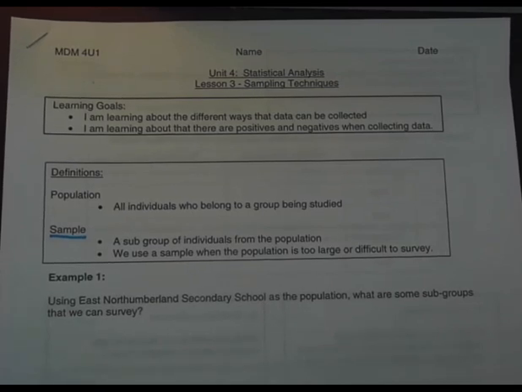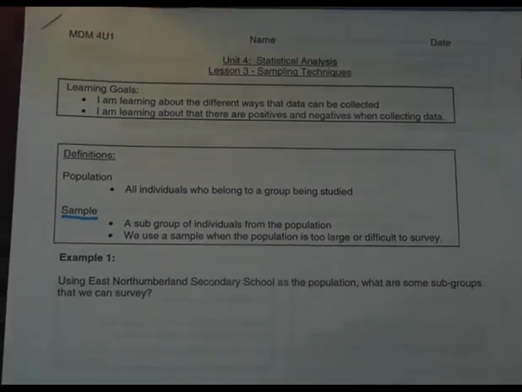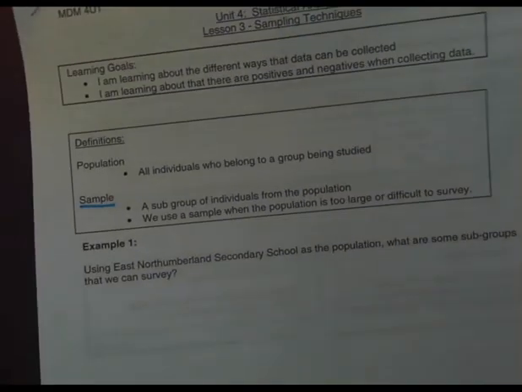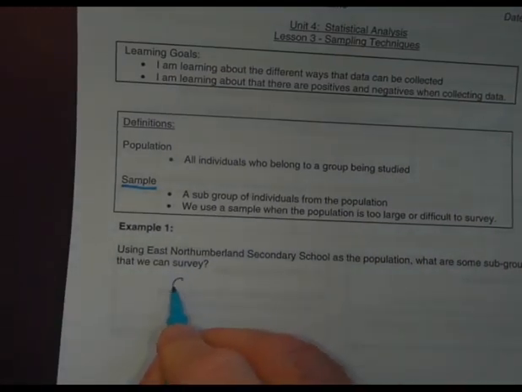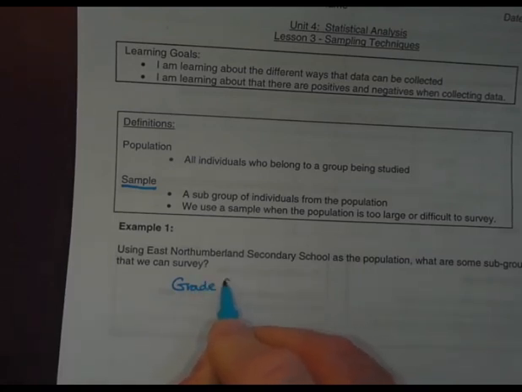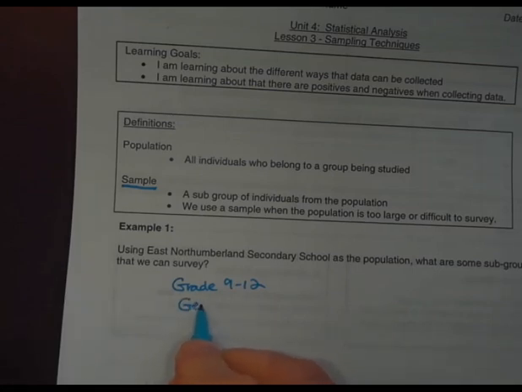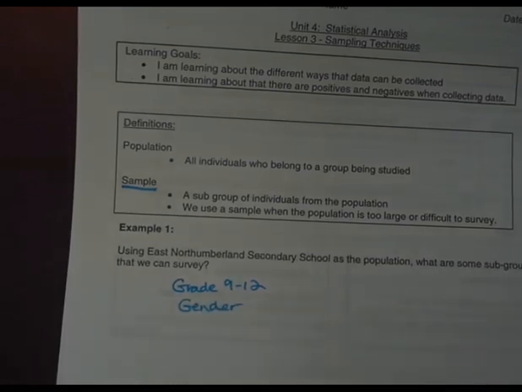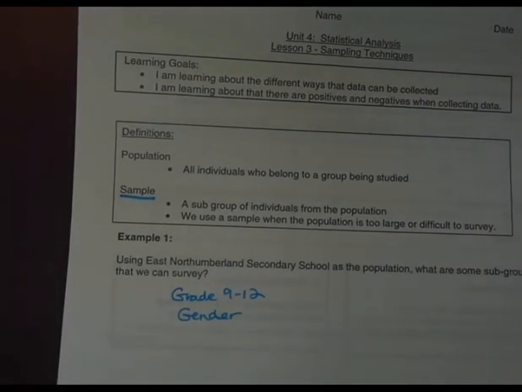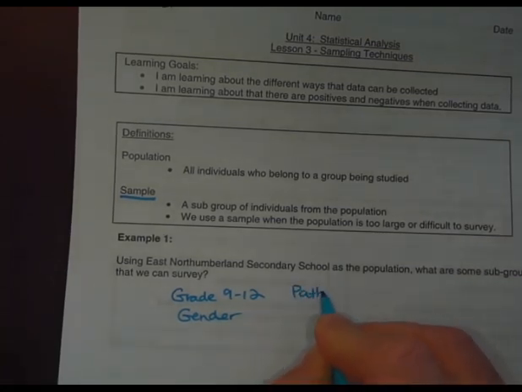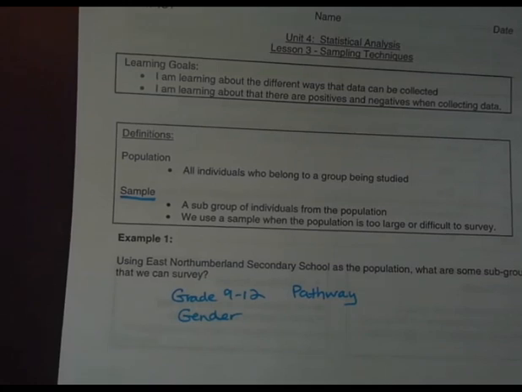Example one: using ENSS as our population, what are some subgroups that we can have? We can separate the school into groups of grades, so grade 9 to 12 as one subgroup. We can split them up by gender, or by the pathway that people are going to want to take when they leave ENSS.